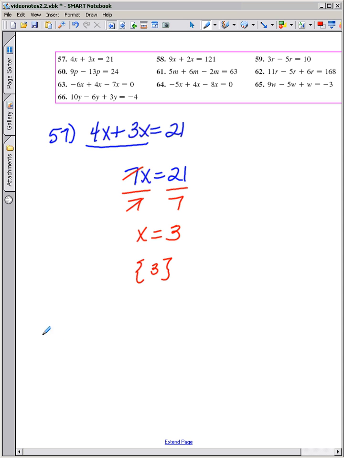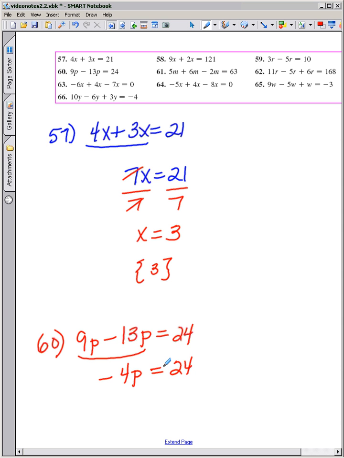Number 60, 9p minus 13p is equal to 24. Well, this is just combining like terms, right? 9p minus 13p. Those are opposite, so subtract and take the sign of the larger, which is negative 4p is equal to 24.